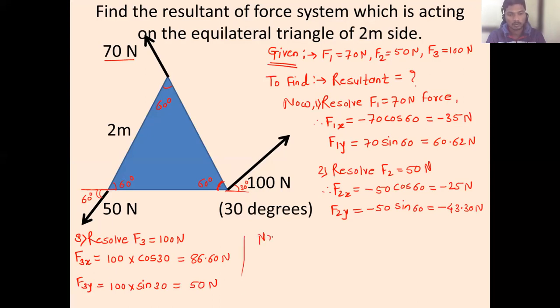Now, what are we supposed to find? Summation of F1x plus F2x plus F3x. Add it and tell me how much it is.